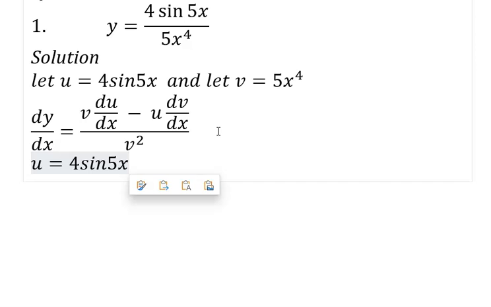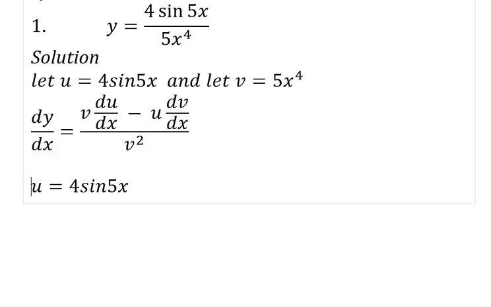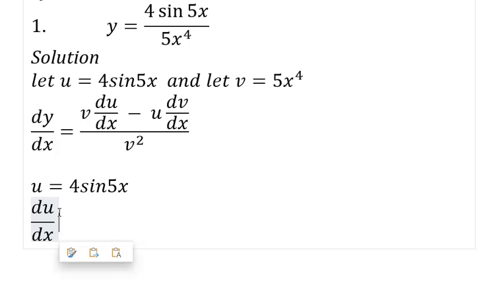Awesome. Now, this is our u. To get our du dx, that means we are going to differentiate 4 sine 5x.